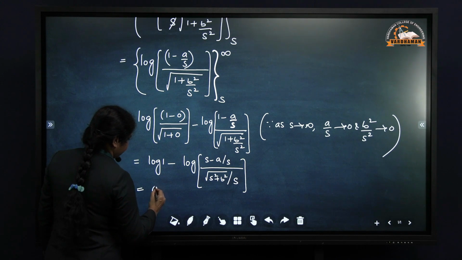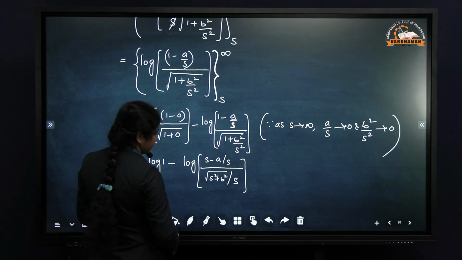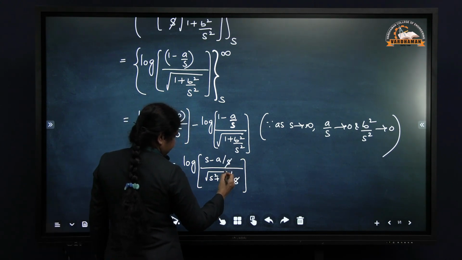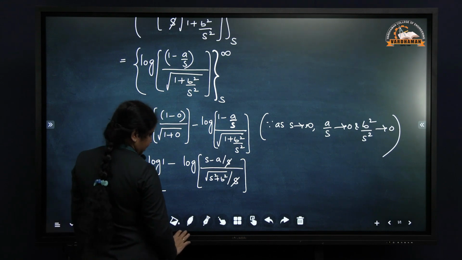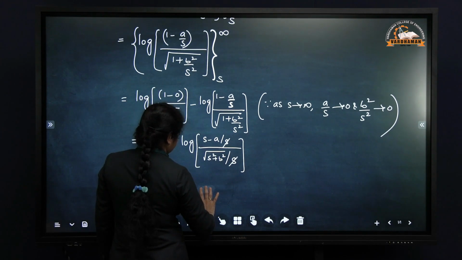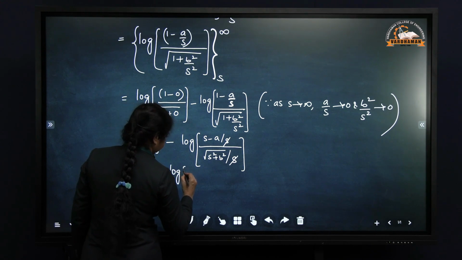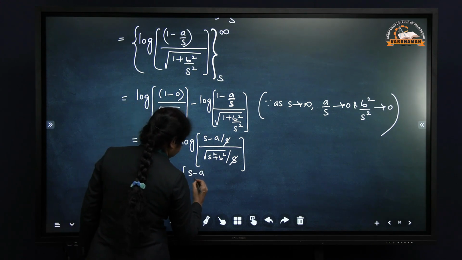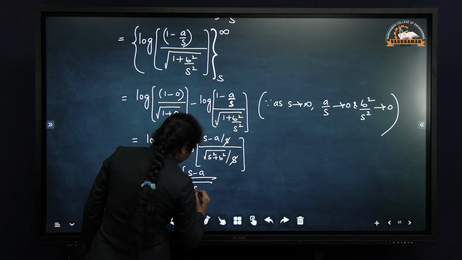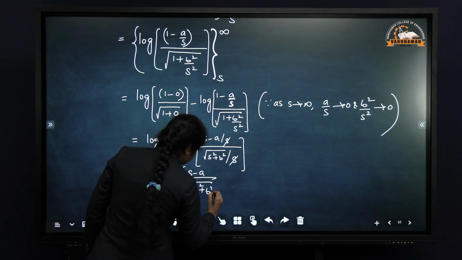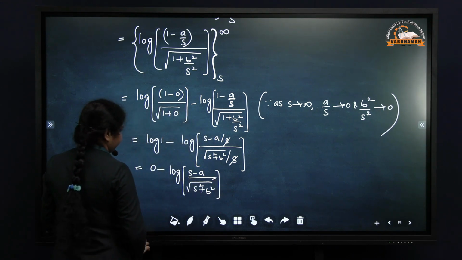And log 1 value is 0 minus, after cancellation of s, the remaining result gives the expression log of s minus a by root over s square plus b square.